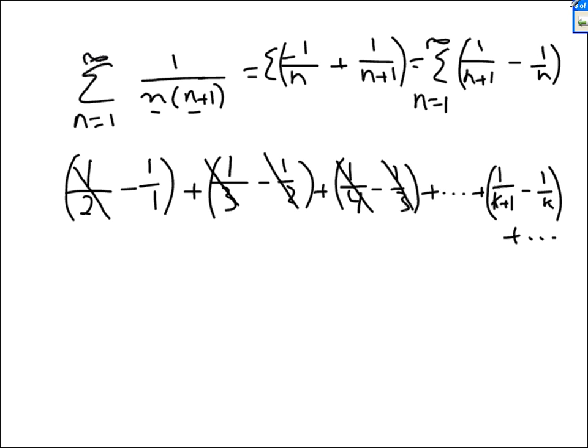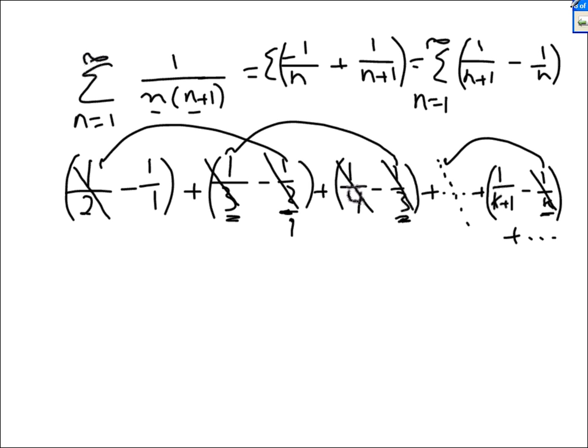The quarter minus the quarter will leave. And remember, the second one canceled out earlier. The 1 over k canceled out earlier.